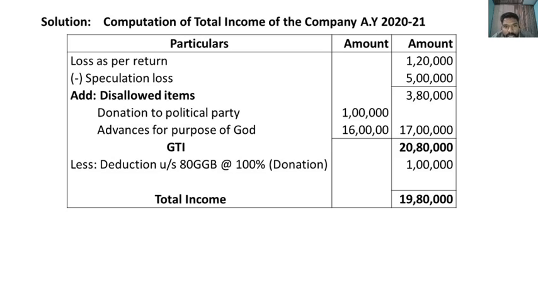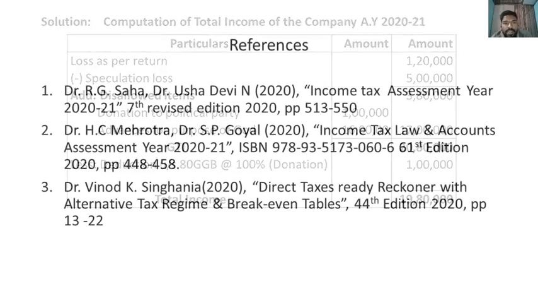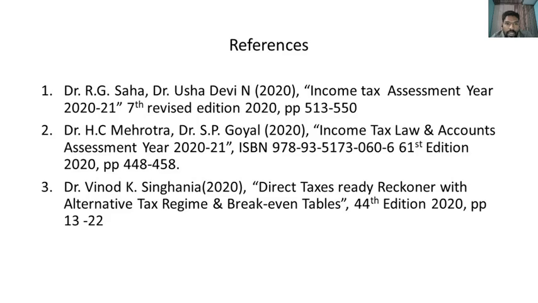For that, disallowed expenses or items should be added. Donation to political party is a disallowed item, so it should be added back to net profit. Advance for purchase of gold should also be added back. Then the gross total income we get is 20,80,000. From that, less deduction under section 80GGB, donation to political party, 100%, 1 lakh, and total income we got is 19,80,000.